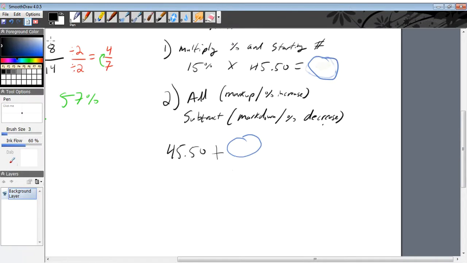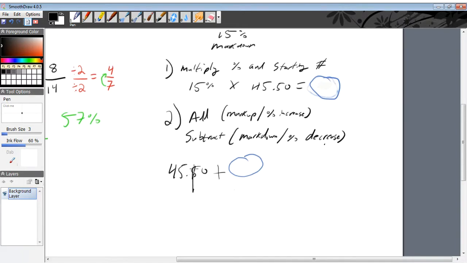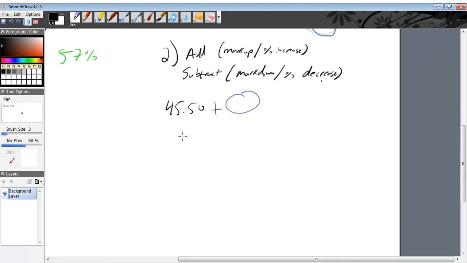So now let's go ahead and start doing this math. So the first thing we need to do is going to be 15% times 45.5. And to do that, this is step one.